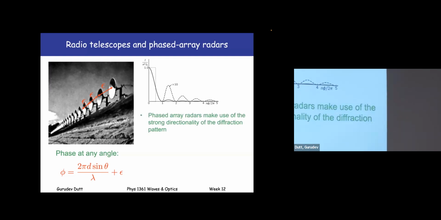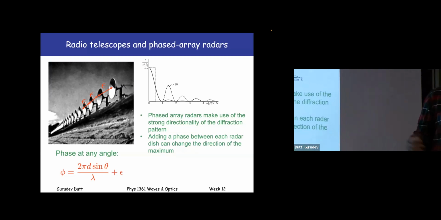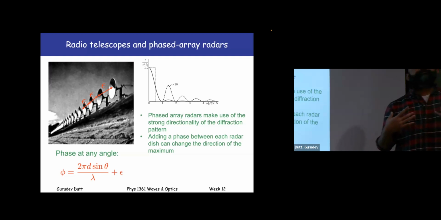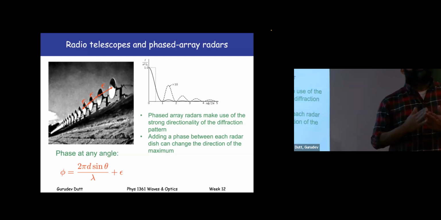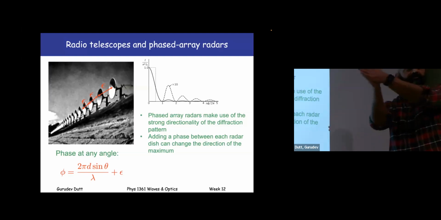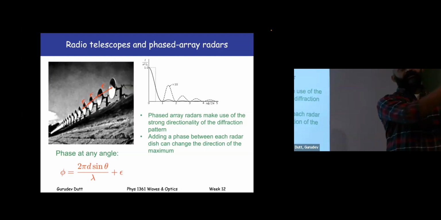Anyway, another application. Of course, I just told you about the phased array radar and how adding a phase change can change the direction of the maximum. You can also run this backward, meaning by the principle of reversibility, instead of having a source here and sending the beam out to scan the radar beam across the sky, you can reverse it.